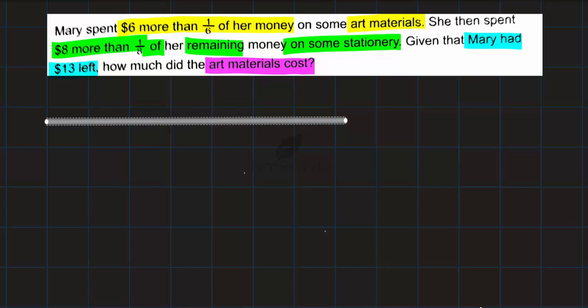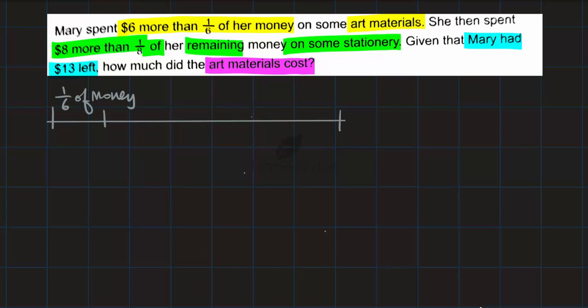Okay, here we go. $6 more than 1/6, so I'll take 1/6 first. $6 more than that. I put the money on a different row as the fraction, and this will be art materials.